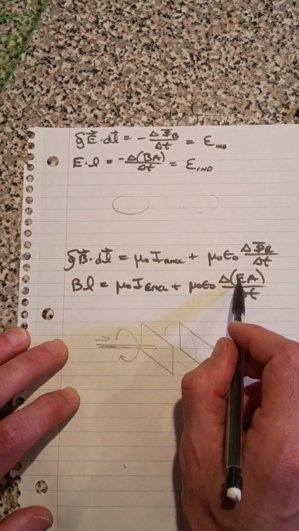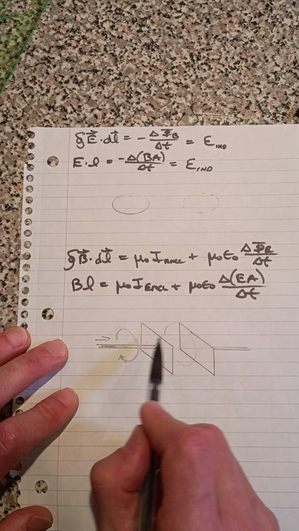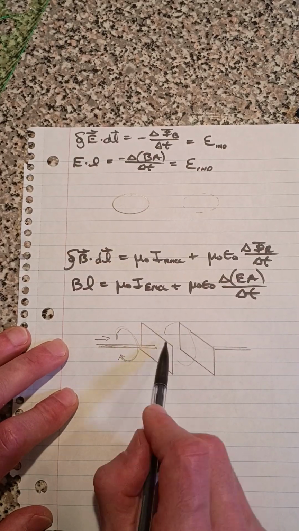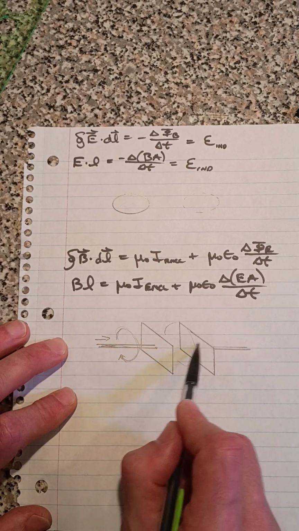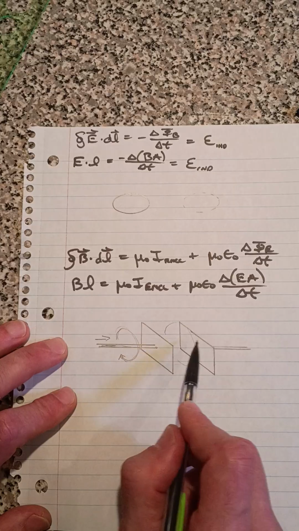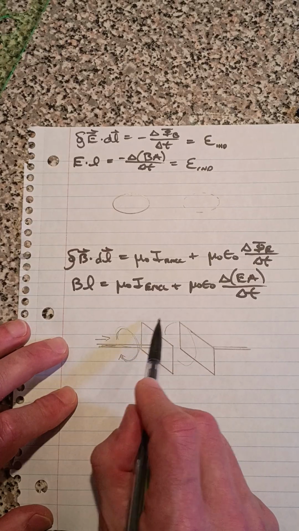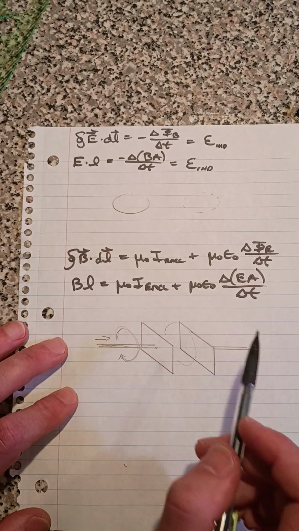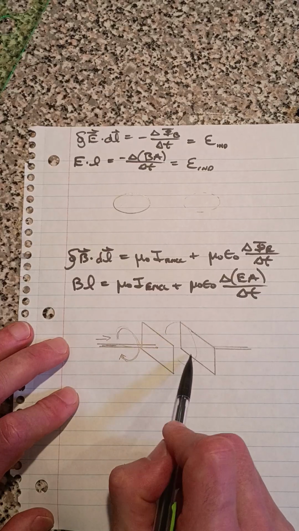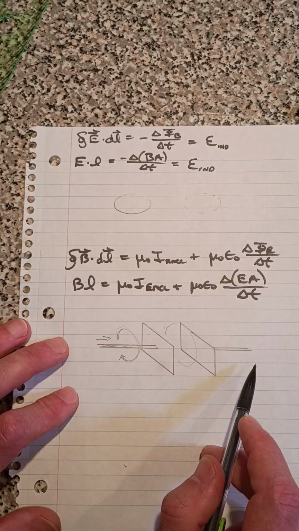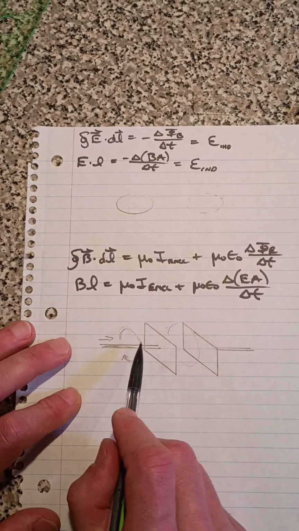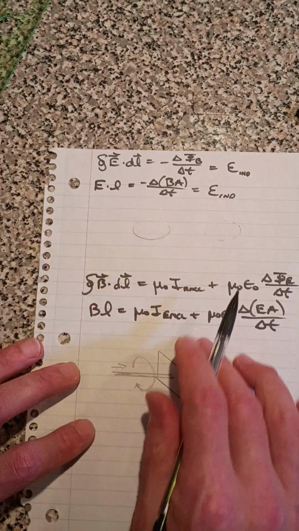There has to be electric field lines that are changing, getting stronger or weaker. If there's electric field lines shooting across this and there's the same strength at all times, you're not going to have a magnetic field around it. A magnetic field in between these capacitor plates only appears when the electric field lines start to increase. So we'll talk more about Ampere's law when we get past Faraday's law.